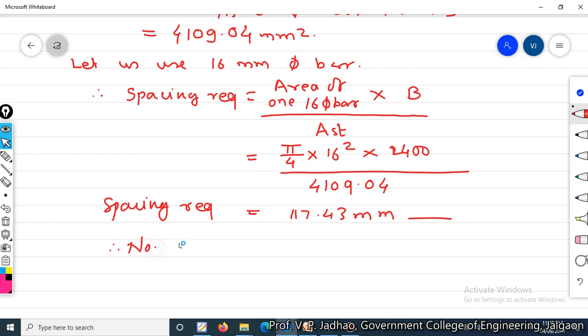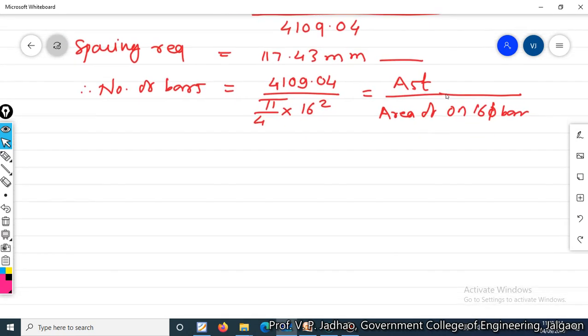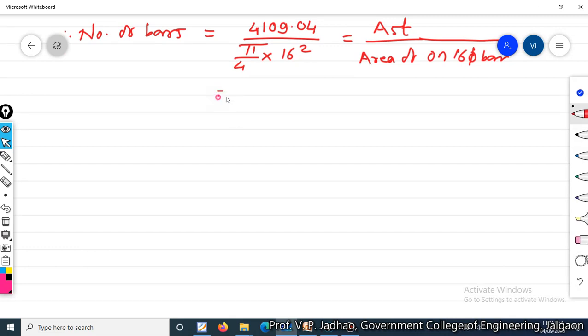The number of bars will be equal to 4109.04, that is the area of steel, divided by the area of one 16 mm bar, pi by 4 into 16 square, that is AST divided by the area of one 16 mm bar. So the total number of bars comes out to be 20.44, approximately 21 on the higher side.